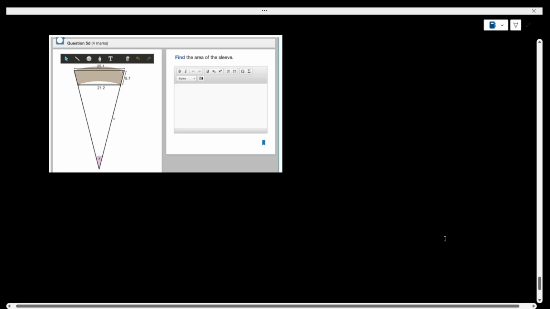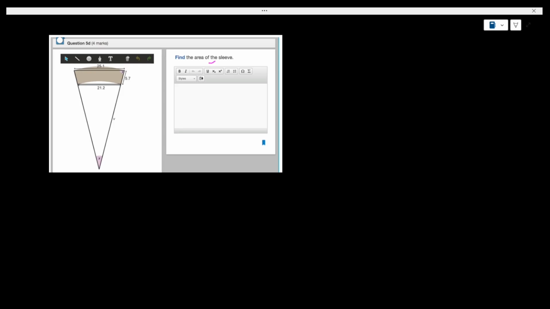After that, what do we have in question number 4? Find the area of the sleeve. We already have this length, which is nothing but the radius. Now how to get the area of this sector part? You can see that there are two sectors. If I take the bigger sector and remove the smaller sector, we'll be left with this brown colored sleeve area, right?